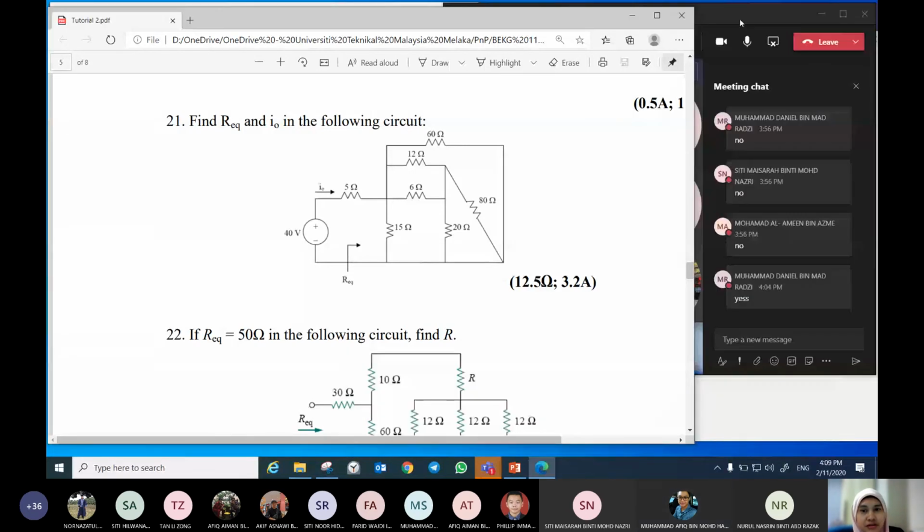Afiq, Philip, how to solve this question? How to find R equivalent? How to find R equivalent first? R equivalent, you mean the whole circuit? Yes, the total resistance.